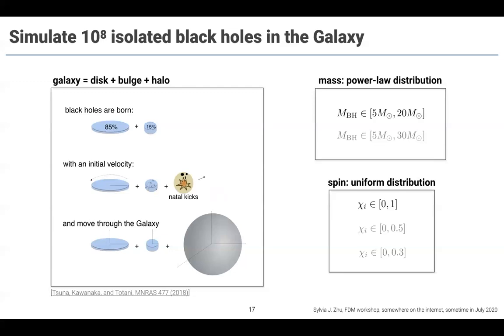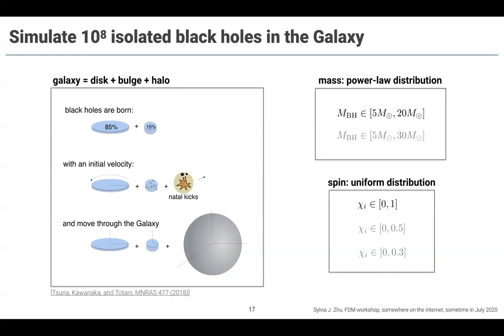This is a combination of the bulk velocity in the disk, which is just rotating, and the bulge, which has more of a randomly distributed velocity. The black holes are also imbued with a natal kick at birth from whatever asymmetries exist in the supernova explosion that produces them. So the black holes are born, they have an initial velocity, and they're born at certain times, and then they move through the galaxy for the rest of their life until today.